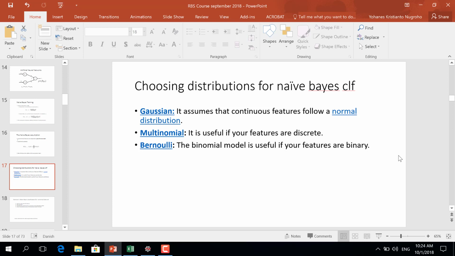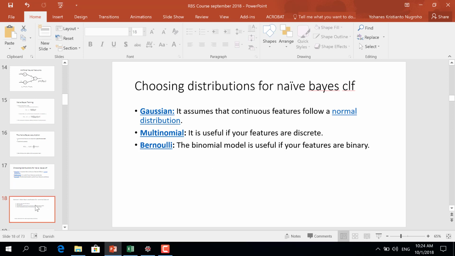And Bernoulli is only a binary model, so your features consist of only two types, for instance yes or no, black and white, or agree or disagree. So there are three types of distribution that can be used in a naive Bayes classifier.